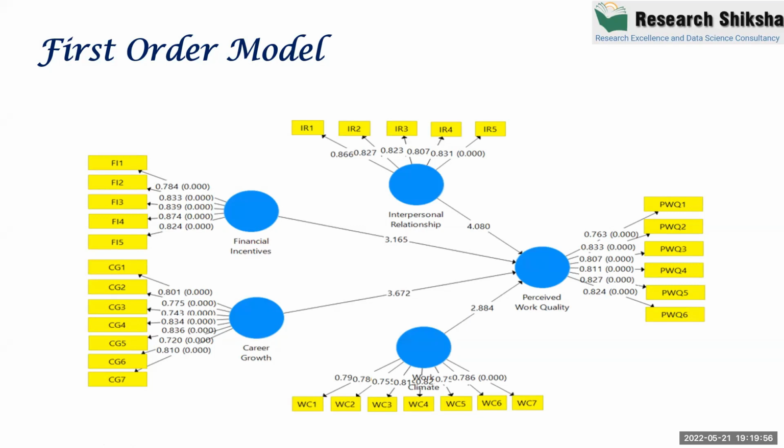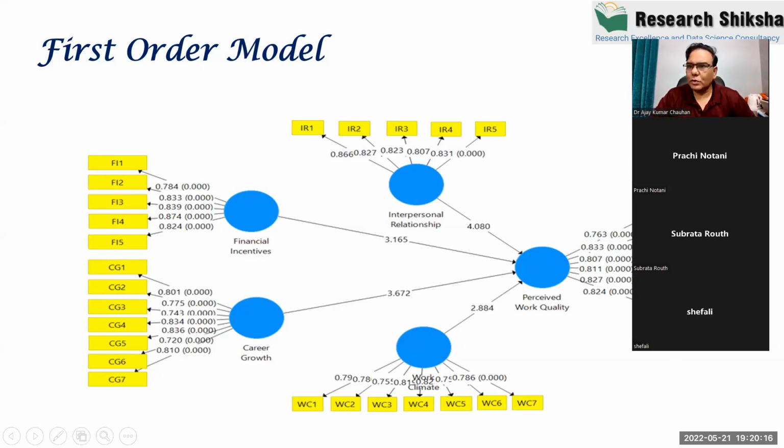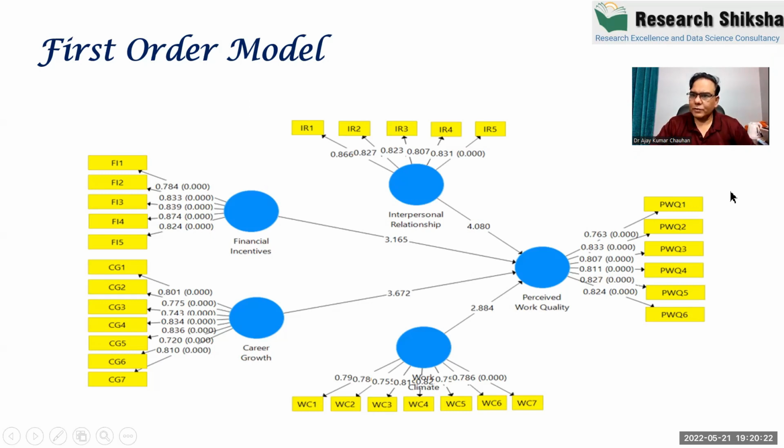So when we are having 2 or more than 2 zero order constructs in a model, this is known as a first order model. This is called first order. So I repeat, when we have 2 or more than 2 zero order constructs, then the model is known as the first order model, right?